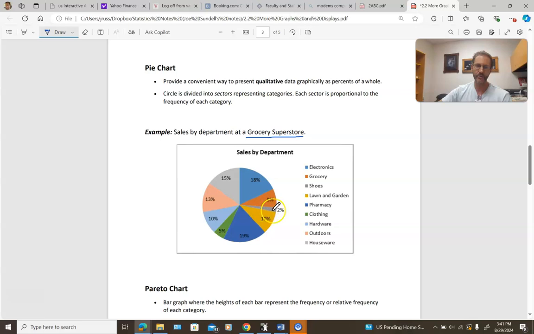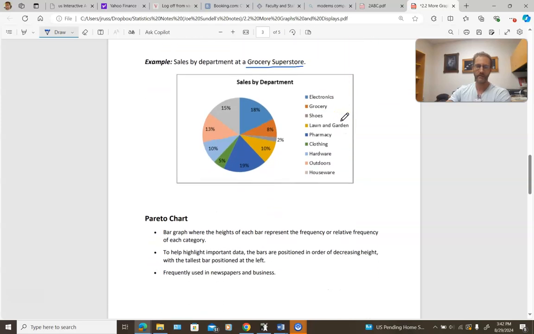The sale of shoes comprises just 2% of the business that this particular grocery superstore does. So this could be like a Walmart superstore or something. Okay, and this is always the case, guys. The size of each piece of pie is always proportional to the percentage that particular category occupies. Okay.